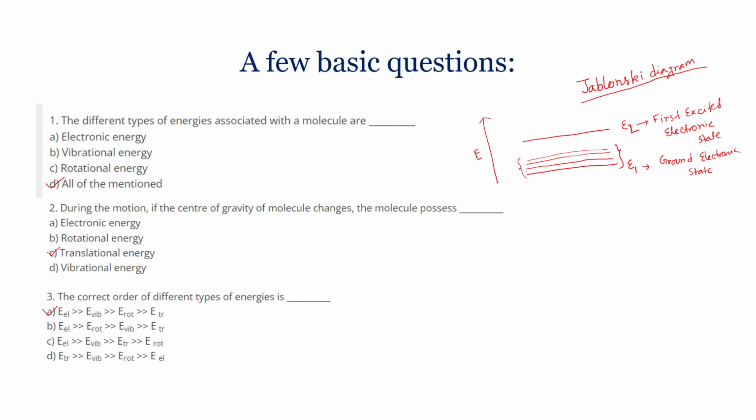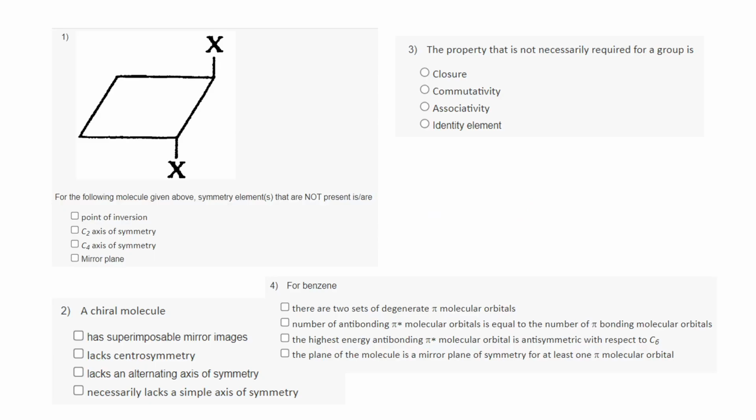Now, with this basic understanding, I will go to the week 0 questions, which will not be graded. In the next week we will discuss the week 1 assignment. To start with, for the first question: for the following molecule given, the symmetry elements that are not present are: point of inversion, C2 axis of symmetry, C4 axis of symmetry, or mirror plane?